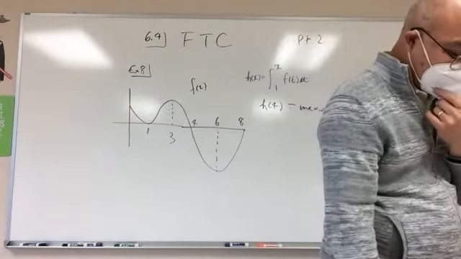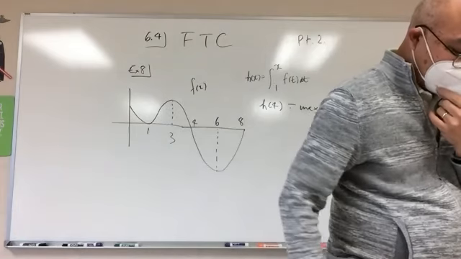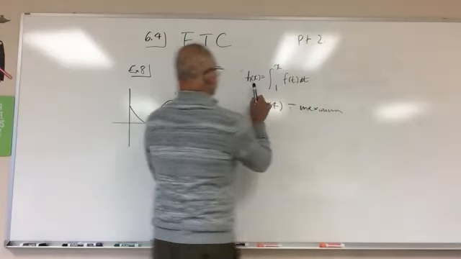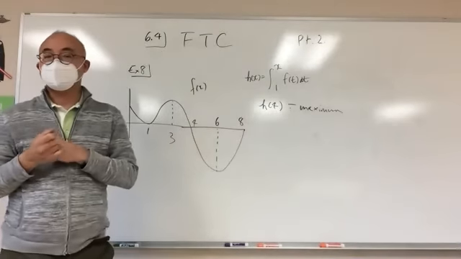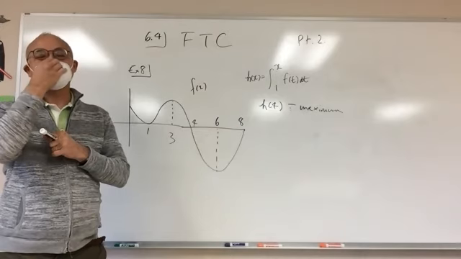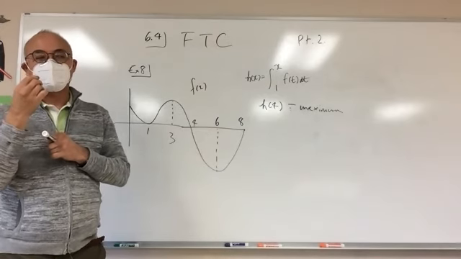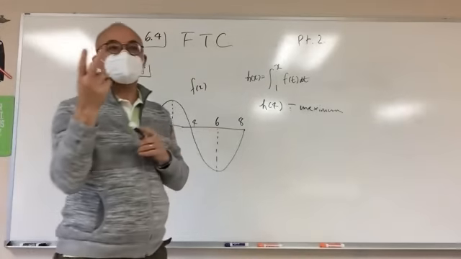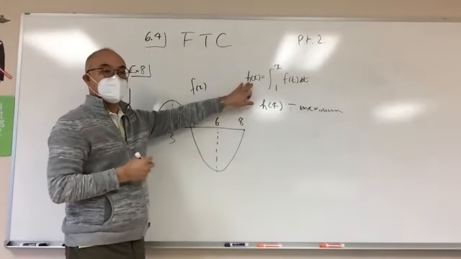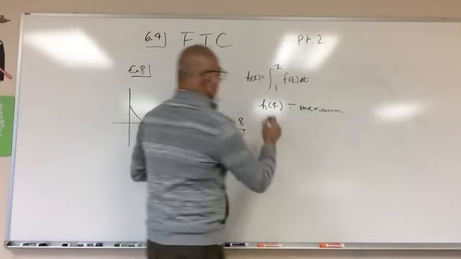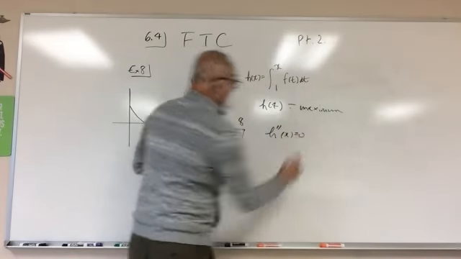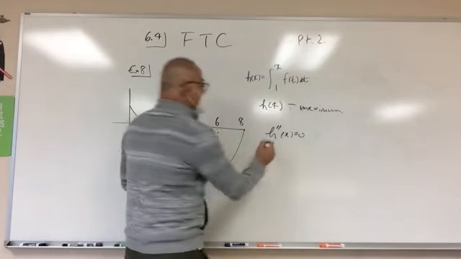E, find the x coordinates of all points of inflection on the graph of this. Okay. Point of inflection. What has to happen for the point of inflection to happen? The second derivative has to be 0, correct? So the second derivative of h has to be 0. In other words, h double prime of x needs to be 0, right? What is h single prime?